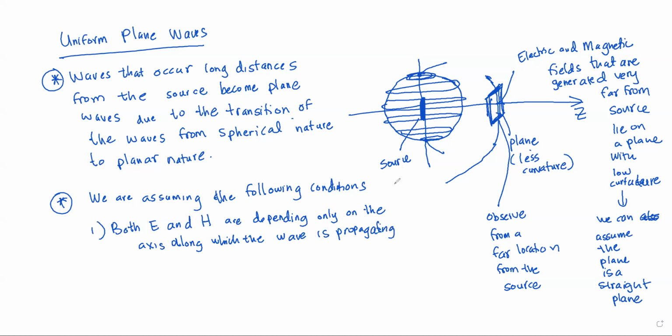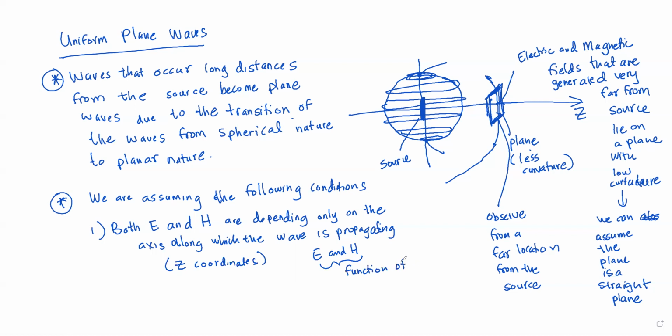In this case, we are assuming that the wave is propagating along the Z direction, so along Z coordinates only, E and H are functions of Z. So we are saying that the electric field and the magnetic field are functions of Z.